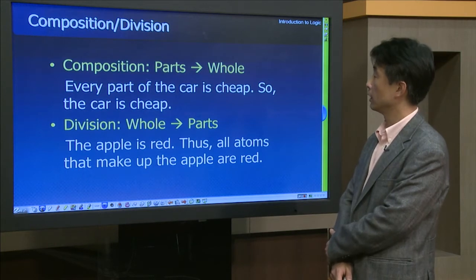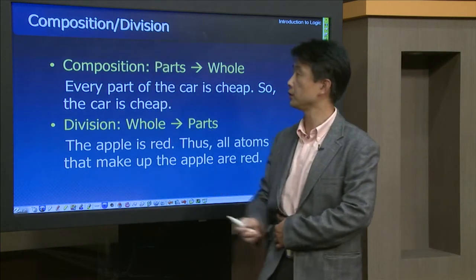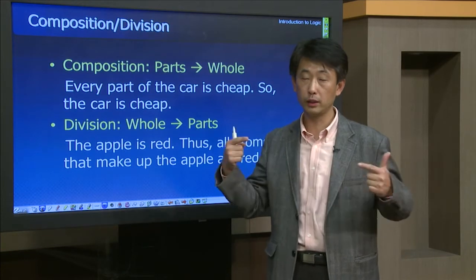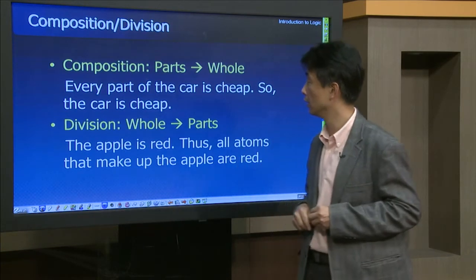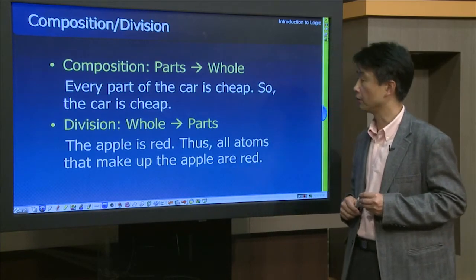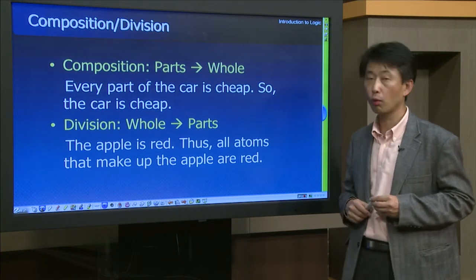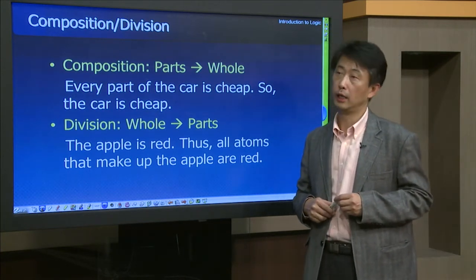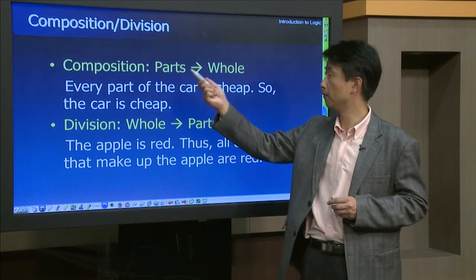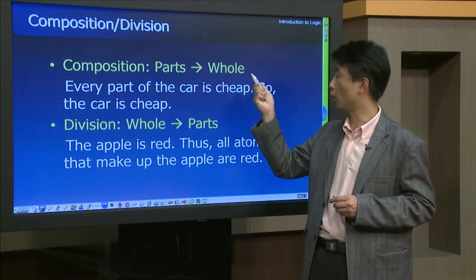Composition and division. These two fallacies go in the opposite direction. The fallacy of composition occurs when you infer from parts to the whole.